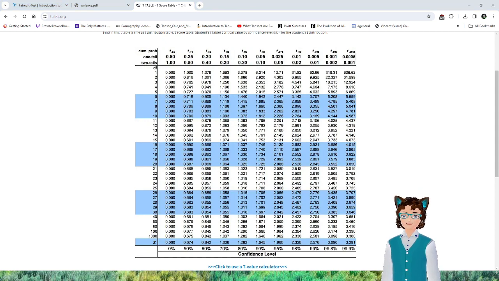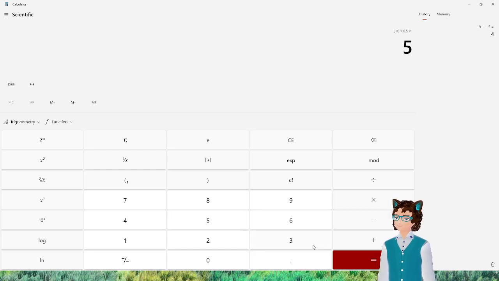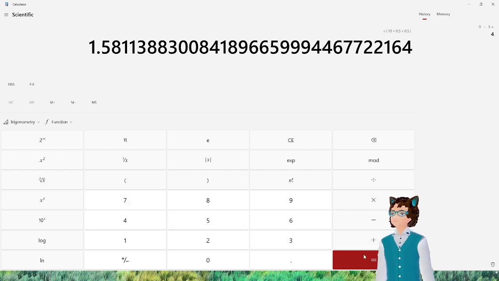So going to the calculator. From the final case, we have 9 minus 5 equals 4. Now, square root of 10 times 0.5, which is p, times 0.5, which is q, equals 1.58.